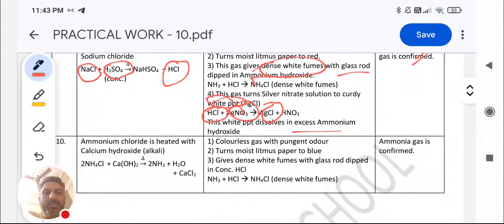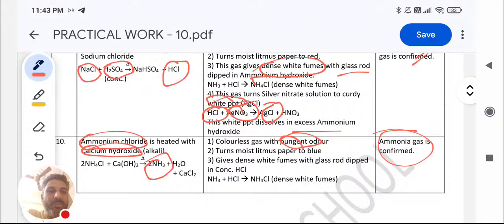And the last gas is ammonia gas. Ammonia gas is prepared by heating ammonium salts like ammonium chloride with calcium hydroxide. This gives ammonia gas, which also has a characteristic pungent odor, and ammonia is a basic gas, which turns moist red litmus to blue color.